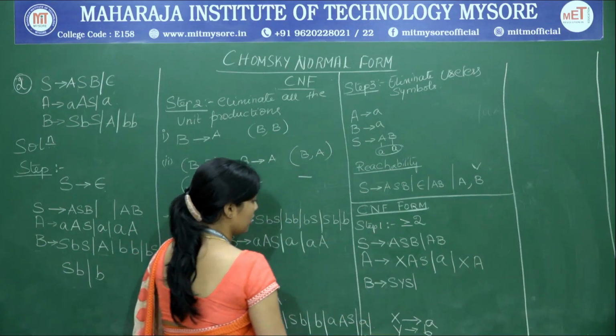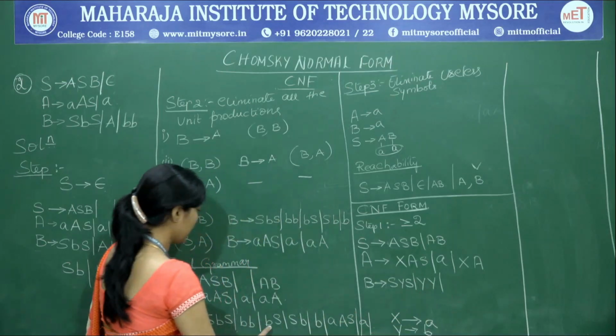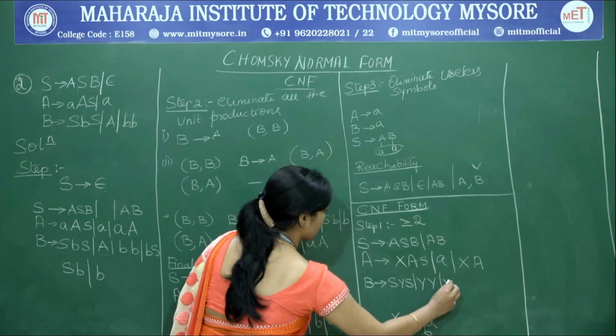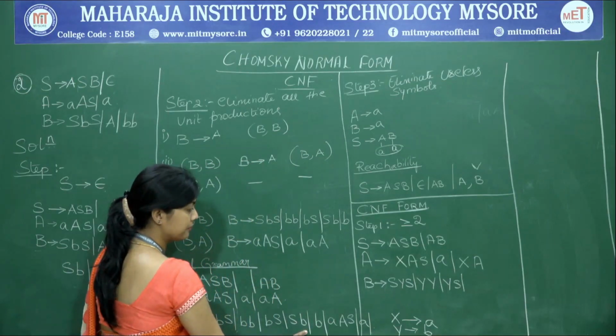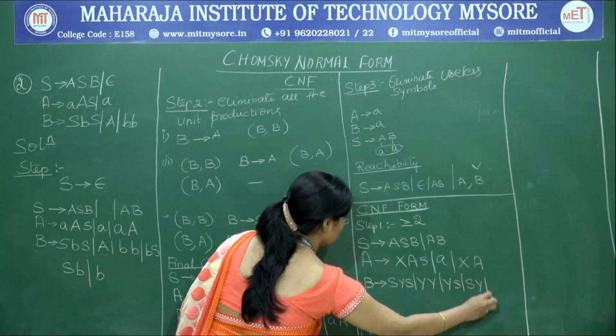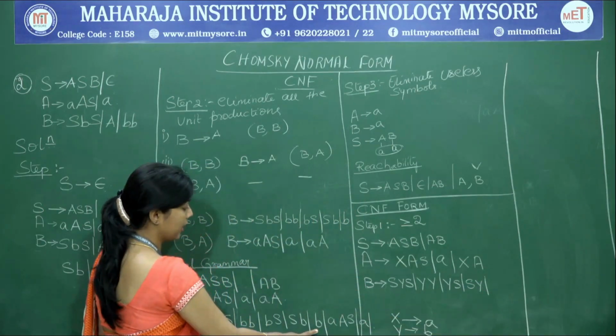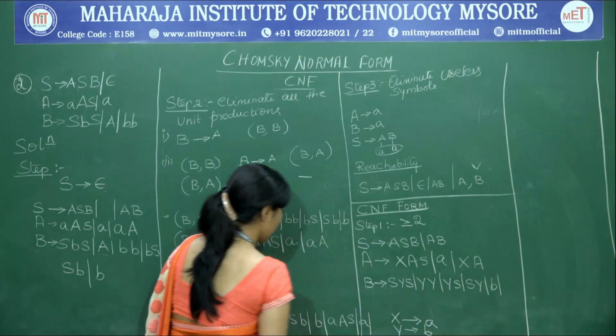Next we have BB. So BB is going to become YY. Next we have BS. So this is going to become YS. Next SB. So this is going to become SY. Next we have a small b, and it is a single symbol. So we will keep it as it is.